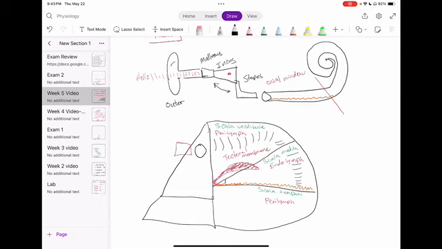But these hair-like projections are actually just called hair cells. They come over, and as they move, they touch this tectorial membrane. This one is the internal.